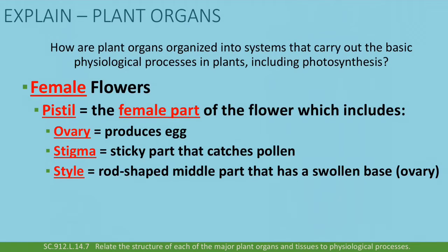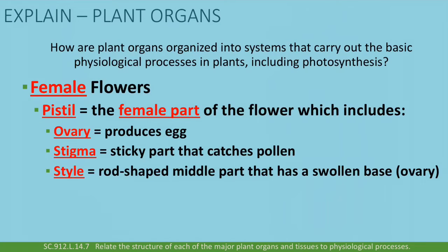The ovary, just like in people and other animals, is the portion of the body that produces the egg. Your stigma is going to be the sticky part that collects or catches the pollen. And then your style is a rod-shaped middle part that is going to be the tube that allows the pollen to travel from the stigma to the ovary.